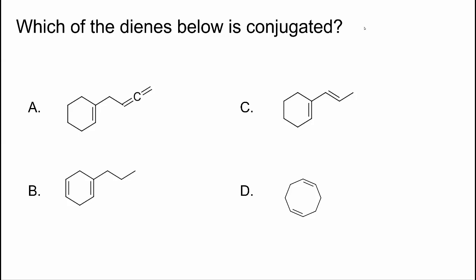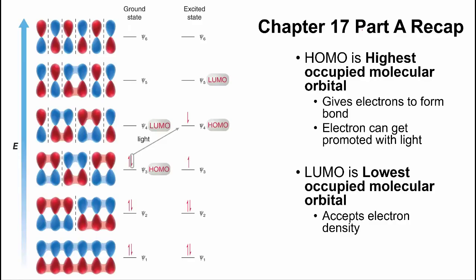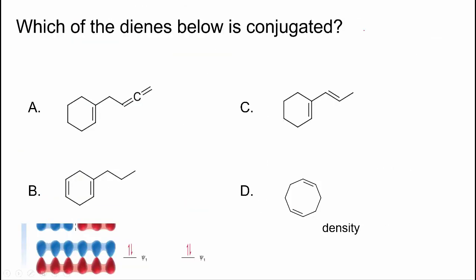Conjugated means that you have a double bond, single bond, double bond, with that single bond in between there. So the one that is conjugated here might not be super obvious because it's not in a ring, but it's external to each other. So here we have double bond, single, double.